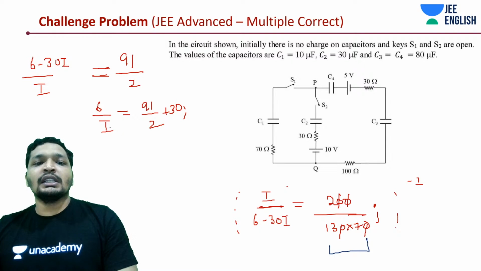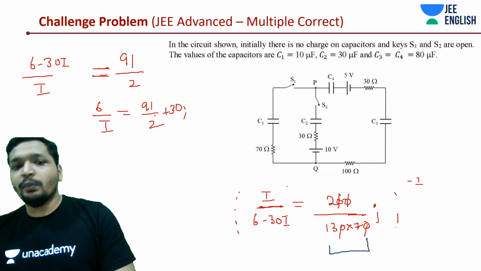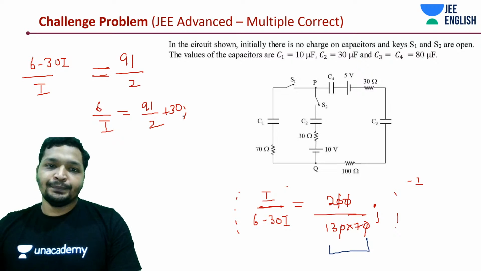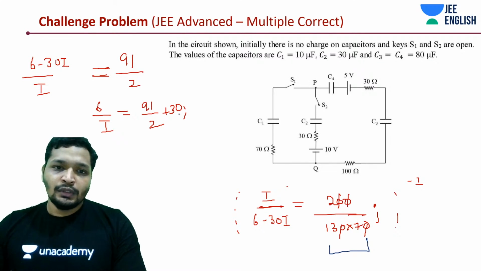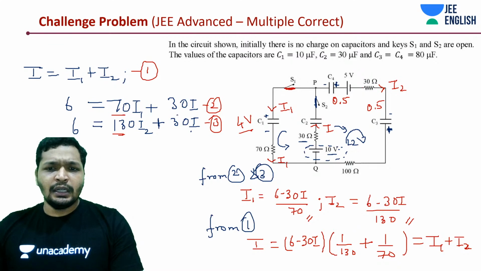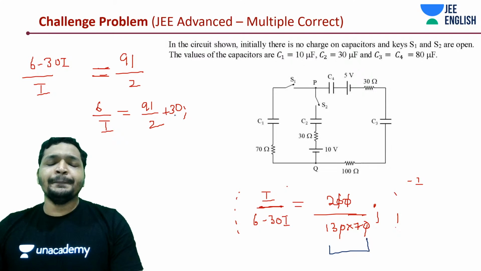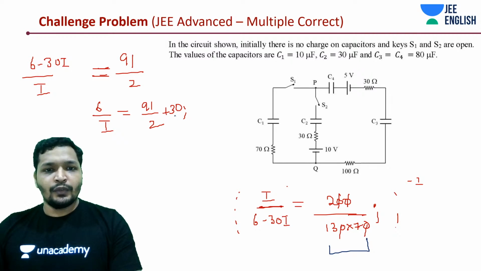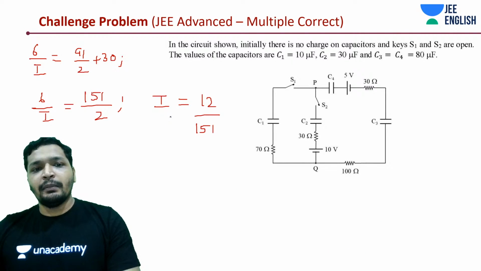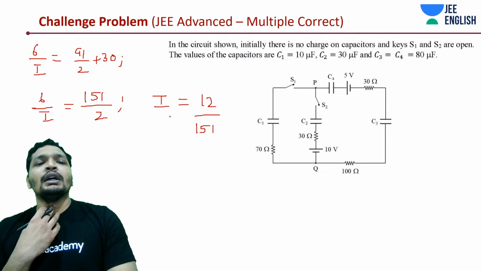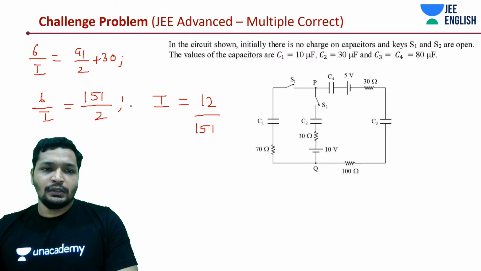Then 6 by I is equal to 91 by 2 plus 30. 91 by 2. And 12 divided by I would be 12 divided by 151.